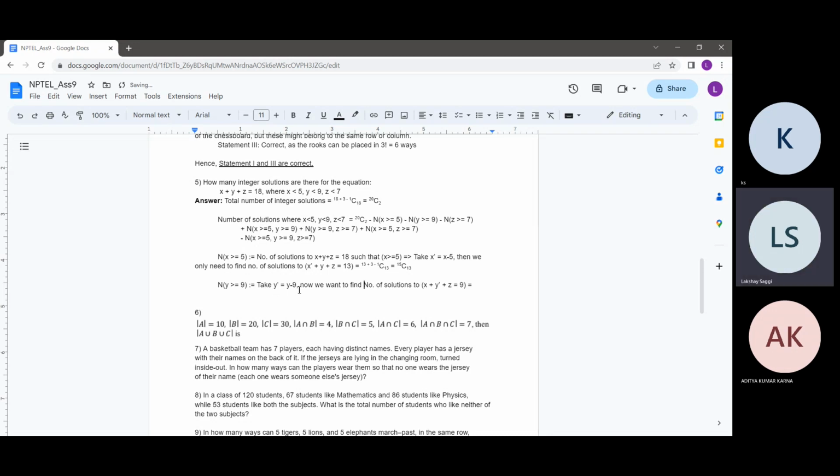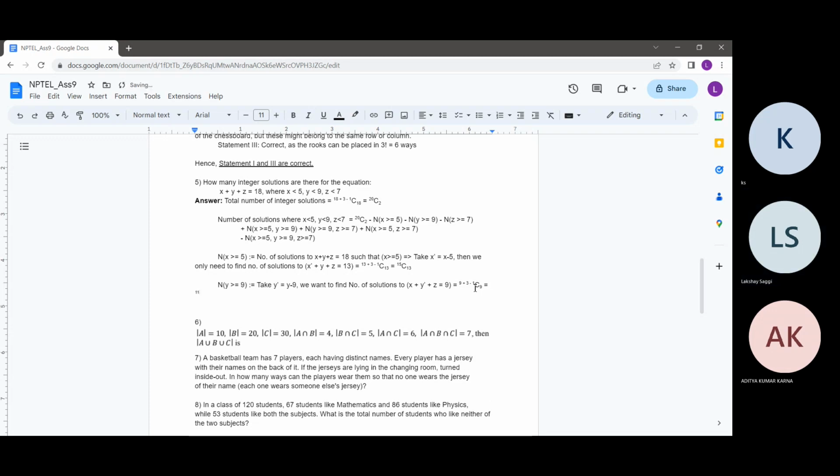If we take y prime equals y minus 9, then we just want to find the number of solutions to x plus y prime plus z equals 9. And this will be nothing but 9 plus 3 minus 1 C 9, not C 2. That will be 11 C 9.